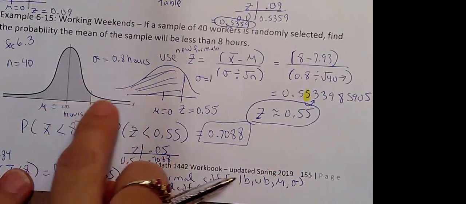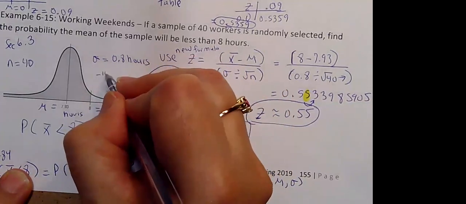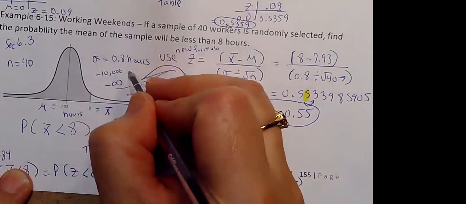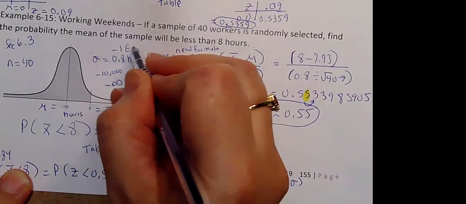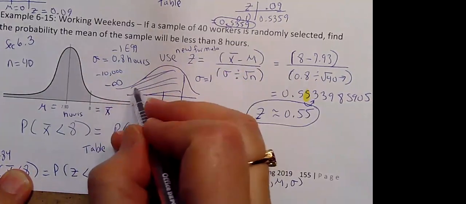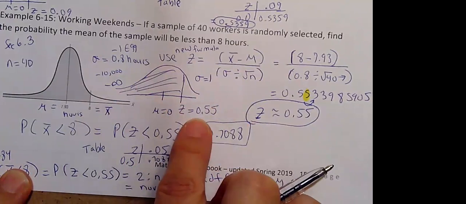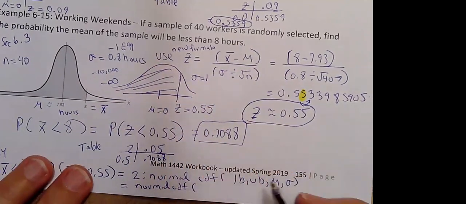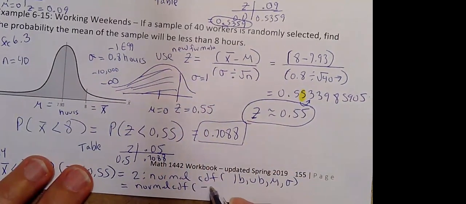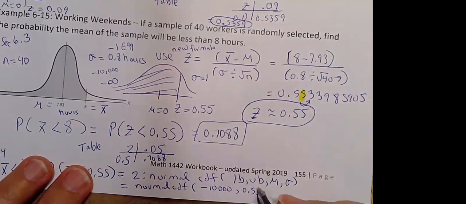The lower bound is negative infinity, which is negative 10,000 or negative 1 E 99. You read from left to right all the way to 0.55. So you have negative 10,000 all the way to 0.55. Mu is 0, sigma is 1.